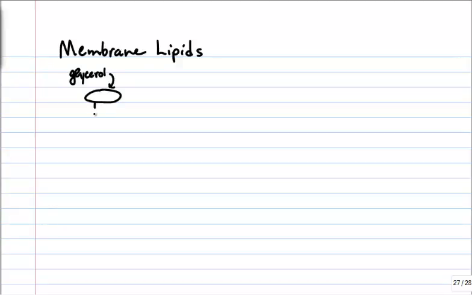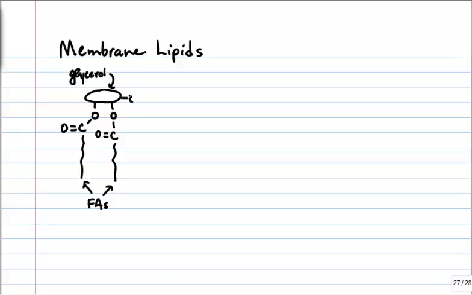Attached to that, or esterified to that actually, are 2 fatty acids. And again, this is my kind of a cartoon for a fatty acid attached to glycerol. Here's another one. And these fatty acids can be saturated or unsaturated. There we go.